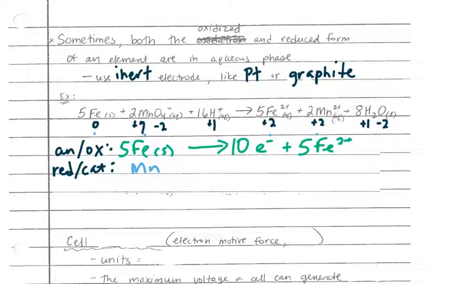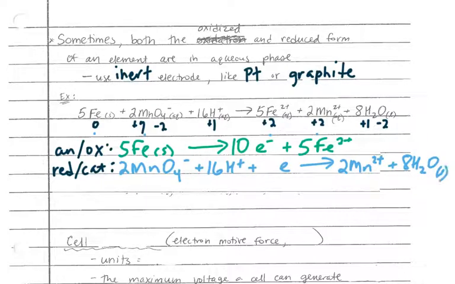Now for the manganese. The manganese is part of this polyatomic ion, this permanganate, MnO4 minus, and there's 2 of these. They are also reacting with those hydrogens and, since they're getting reduced, they're gaining electrons. On the flip side, we end up with 2 manganese ions and 8 H2O that are liquid.